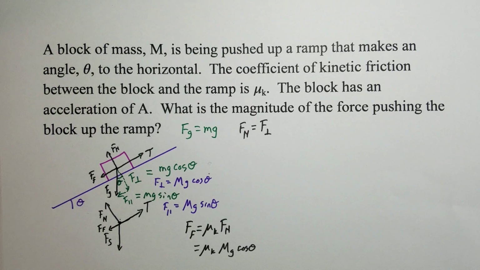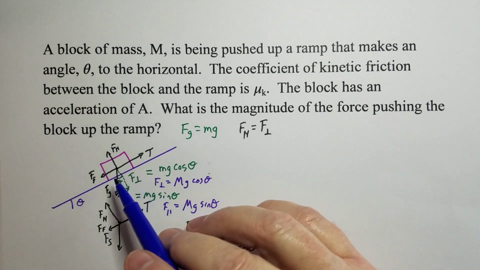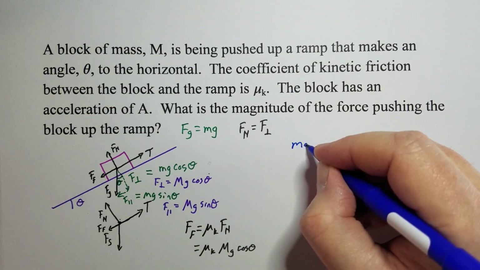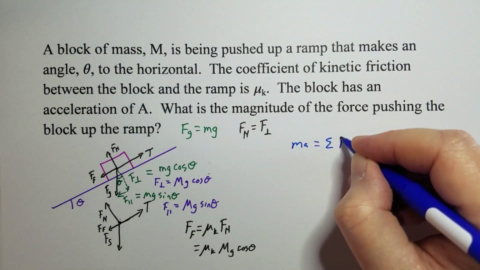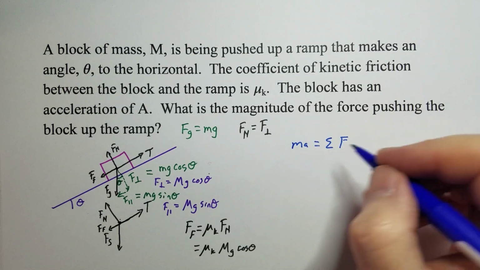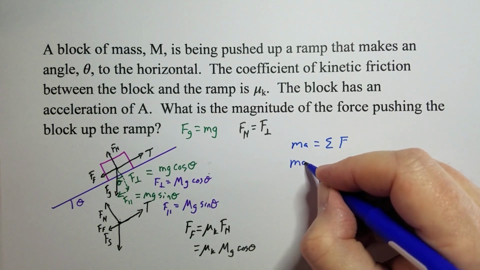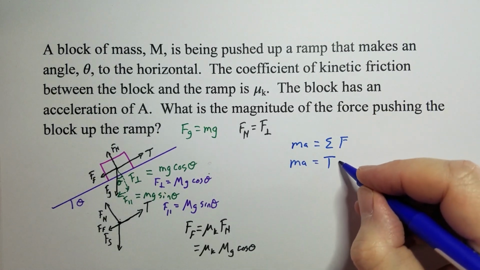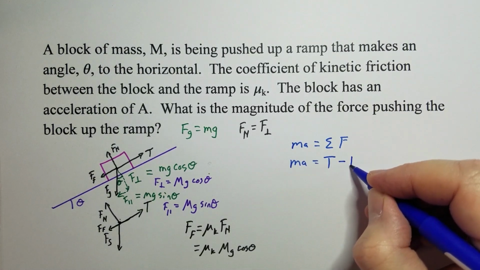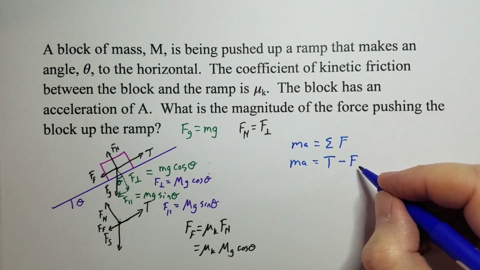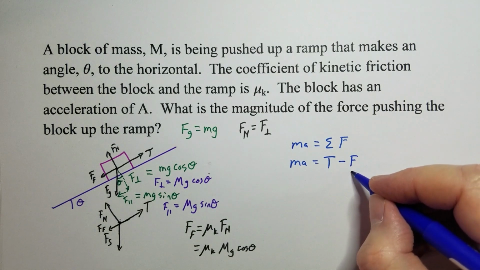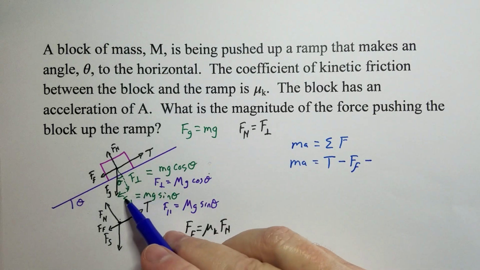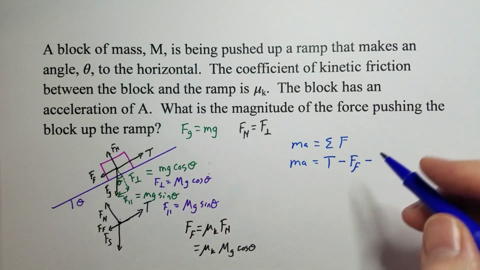Now we have to put everything together and see how this force up is going to affect things. So we're going to do MA equals the sum of the forces. So I'm going to first write out all the forces. So that's MA equals that tension pulling up minus the coefficient, the friction, but also minus the component of the weight acting down the ramp.